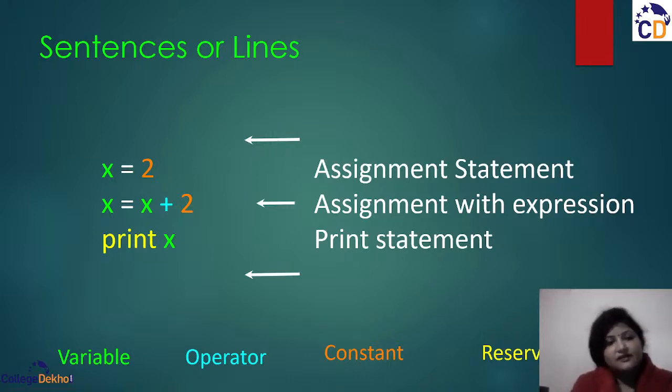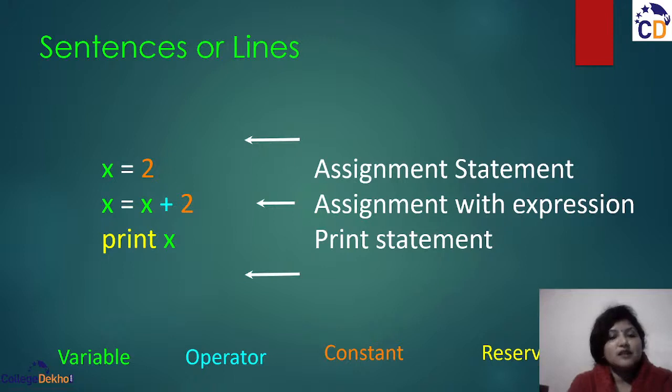What are variables? They are defined in green color, like x. Then operators: plus, minus, multiply, division, they all are operators. Then we have constant values, which we cannot change throughout the program, so they are represented by orange color. This is just to make you understand how we use these variables, constants, reserved words, and operators in our program, right?